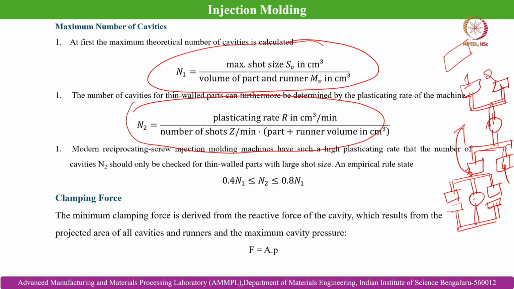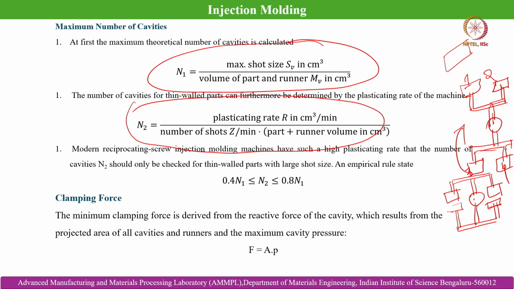Modern reciprocating screw injection molding machines have such a high plasticating rate that the number of cavities N2 should only be checked for thin walled parts with large shot size. An empirical rule states N2 greater than or equal to 0.4 N1 and less than or equal to 0.8 N1.